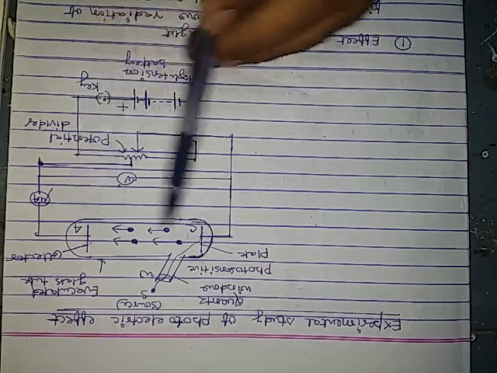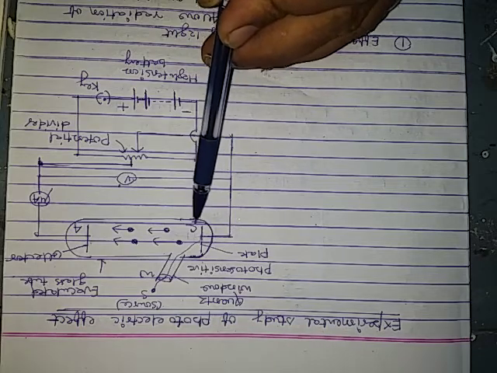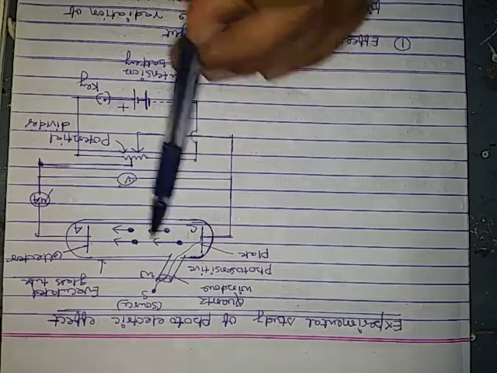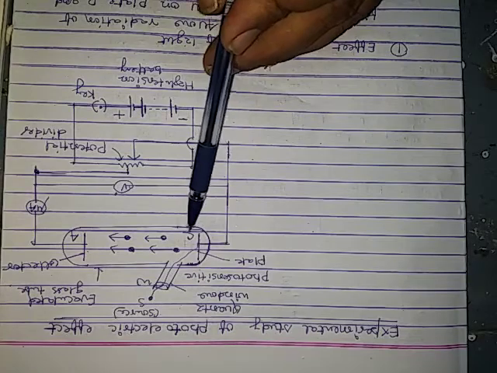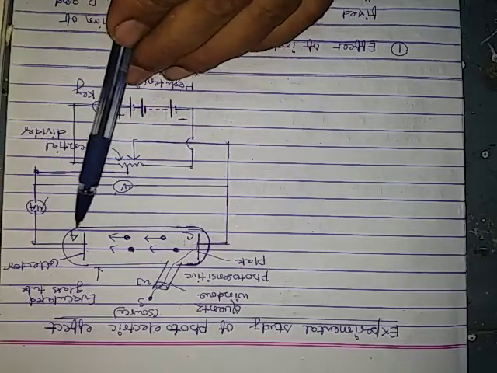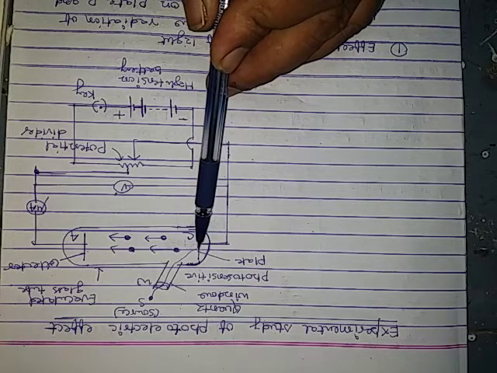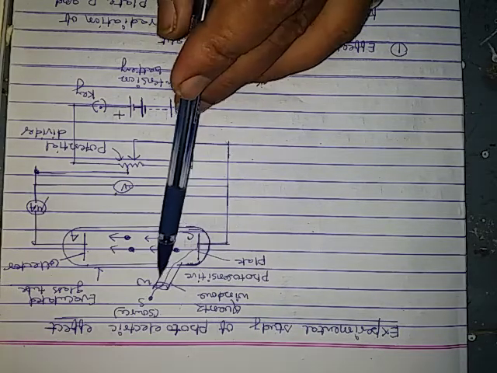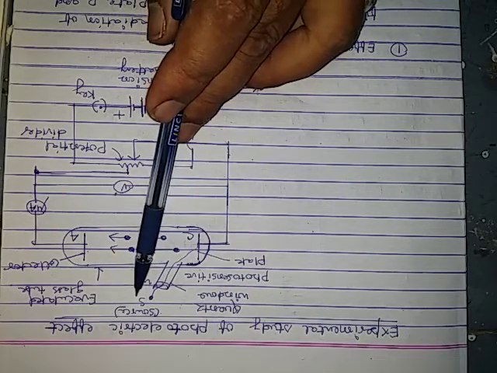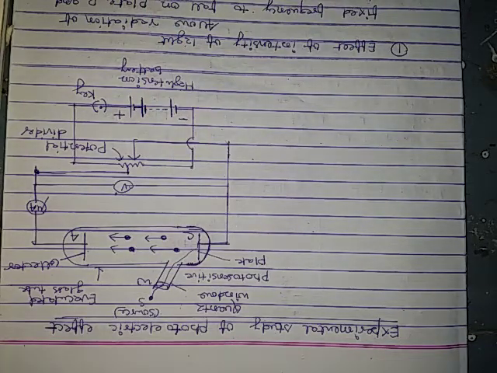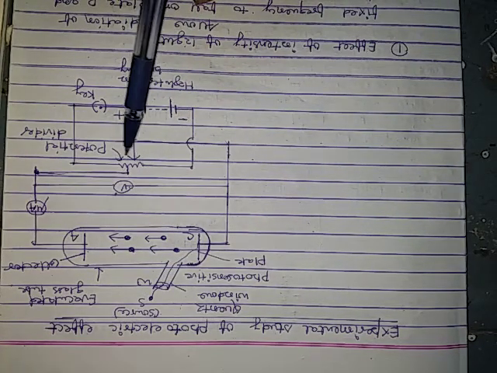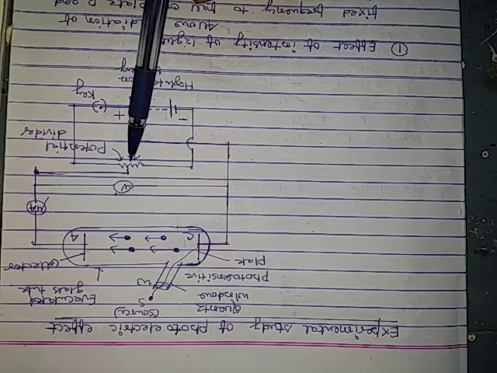The collector is the anode, and the cathode contains the photosensitive material. It is the quartz plate. S is the source which emits ultraviolet radiation. This is the potential divider.